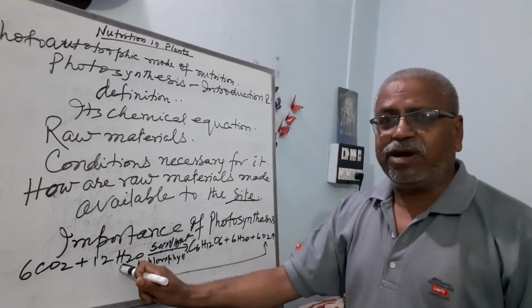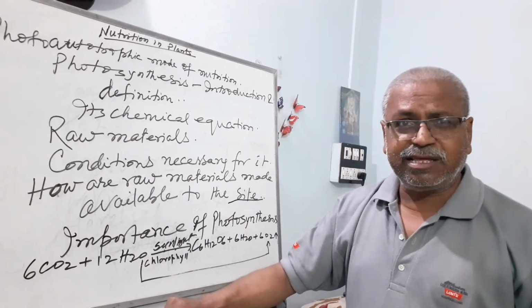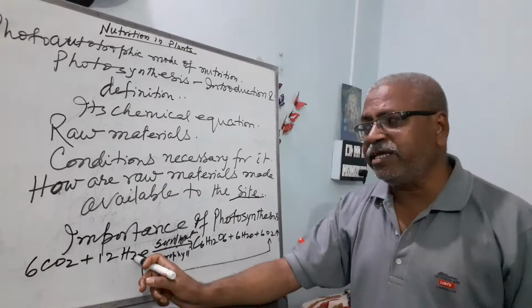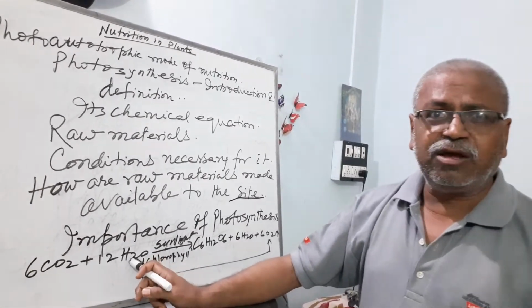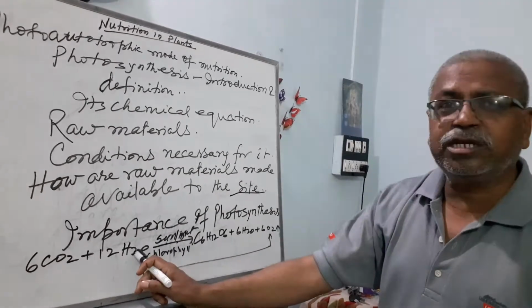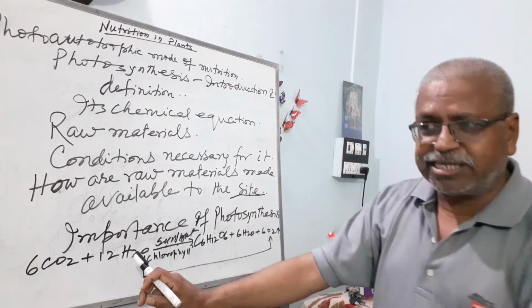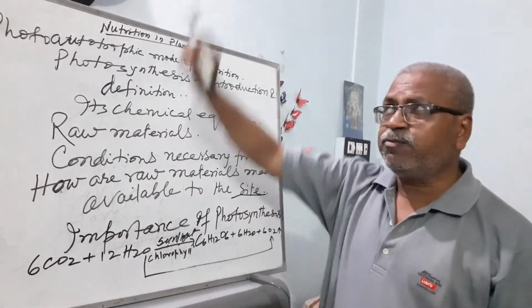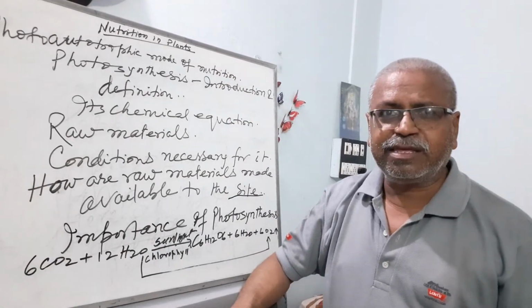The source of the water is soil water, and this water is absorbed by the root hairs of the root by the process of osmosis. Once the water enters inside the root hair, it is transported upward through the stem to the leaves through the xylem.